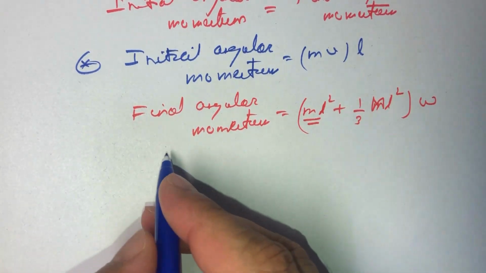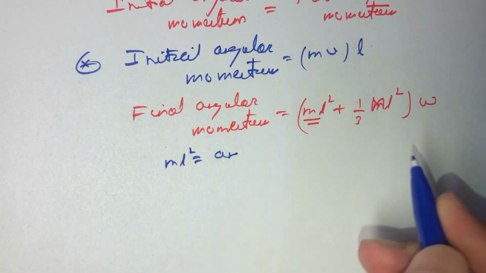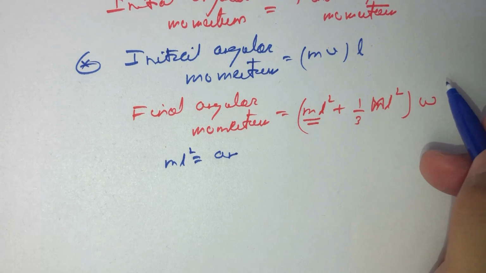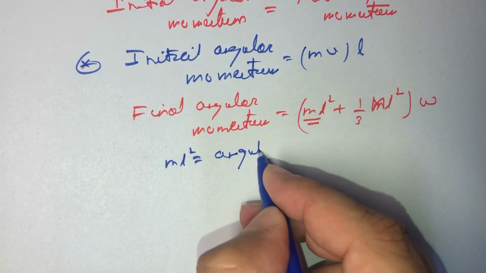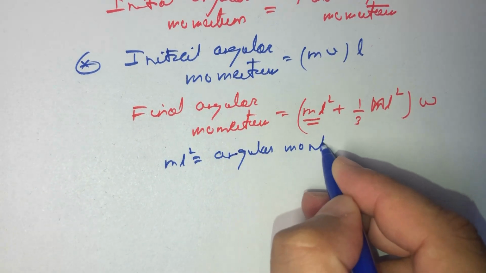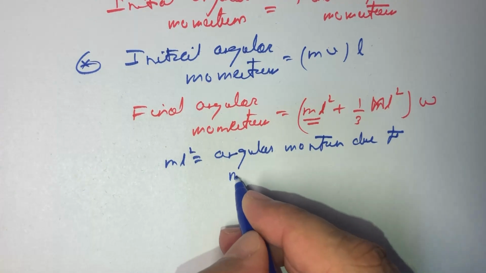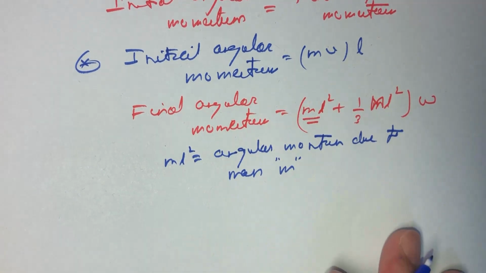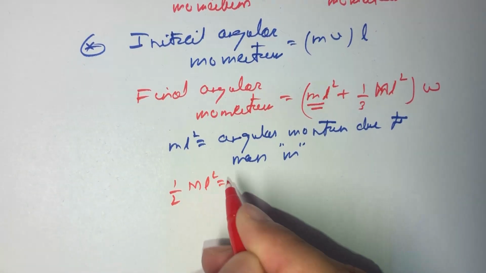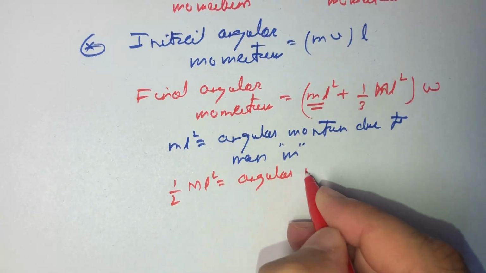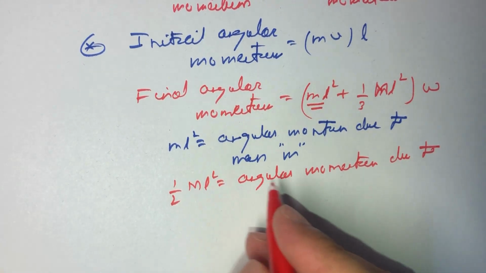So here I can say this mL square is the angular momentum due to mass m, and 1 by 3 M L square is the angular momentum due to the rod.